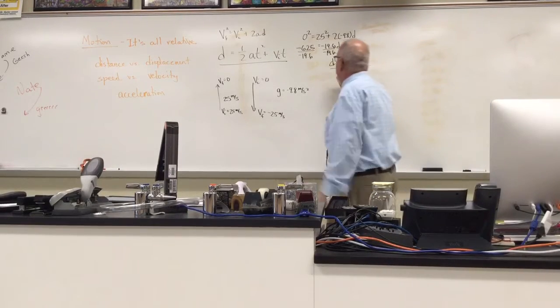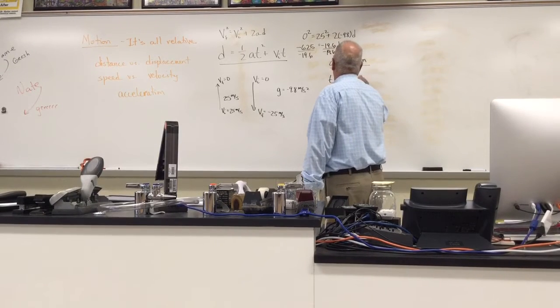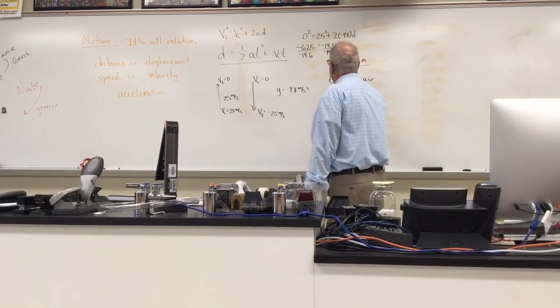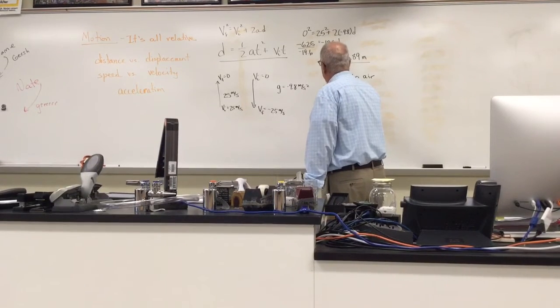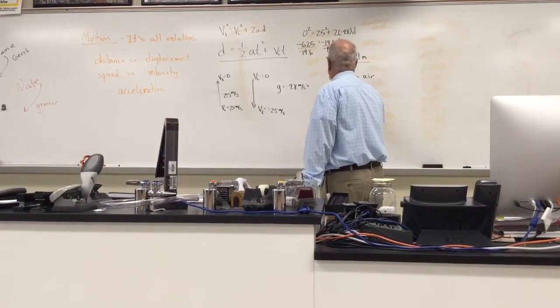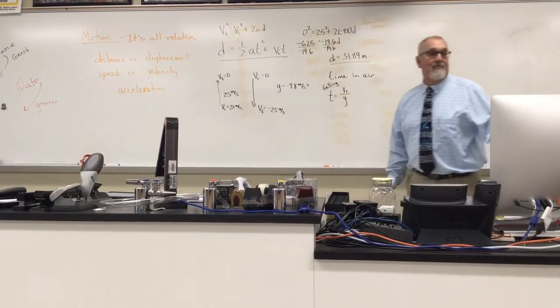Okay. Anyway, and then if I want to find out the time in the air, time for something falling will always be final velocity divided by G, right?